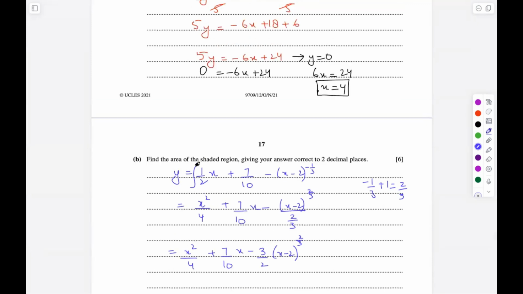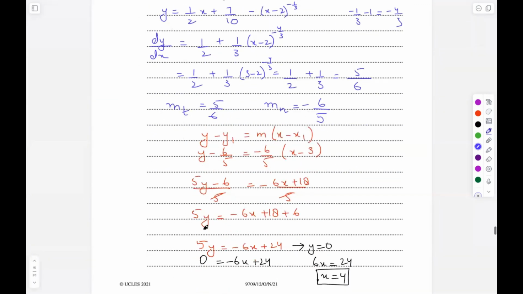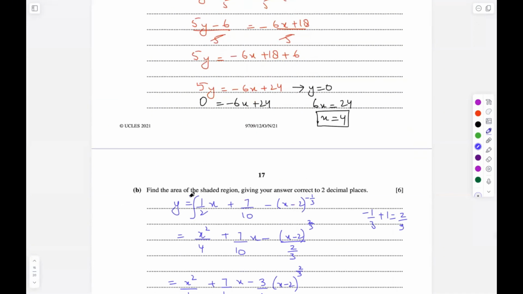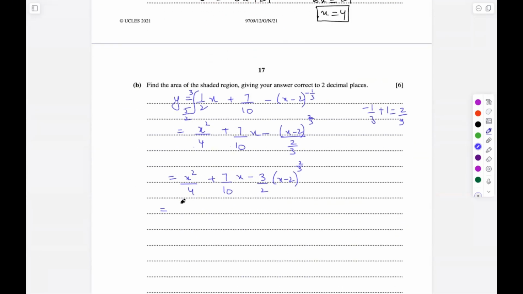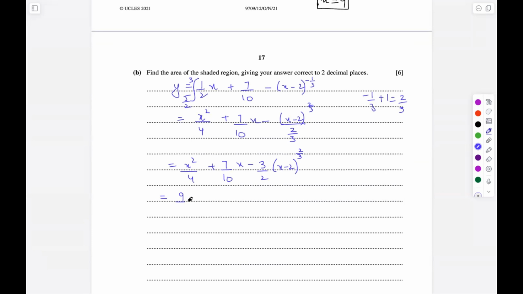Now substituting the limits, 3 and 5/2. First substituting the upper limit 3, this will become 9/4 + 7/10 into 3 − 3/2 into 1 to the power 2/3, since 3 − 2 is 1.